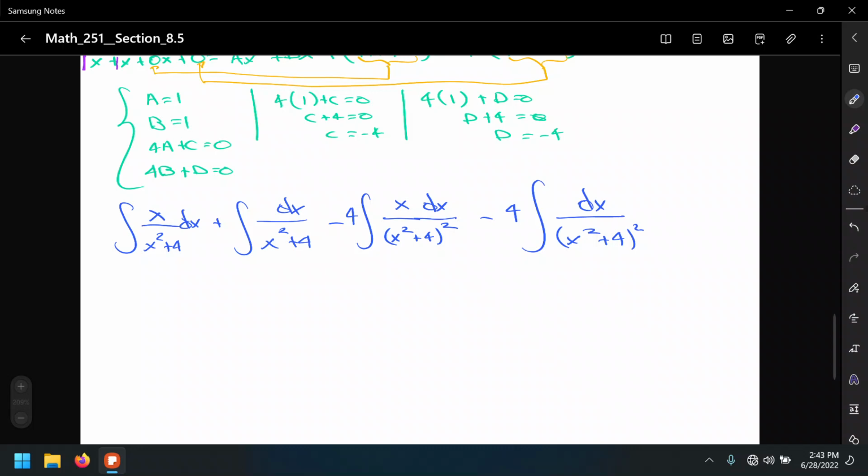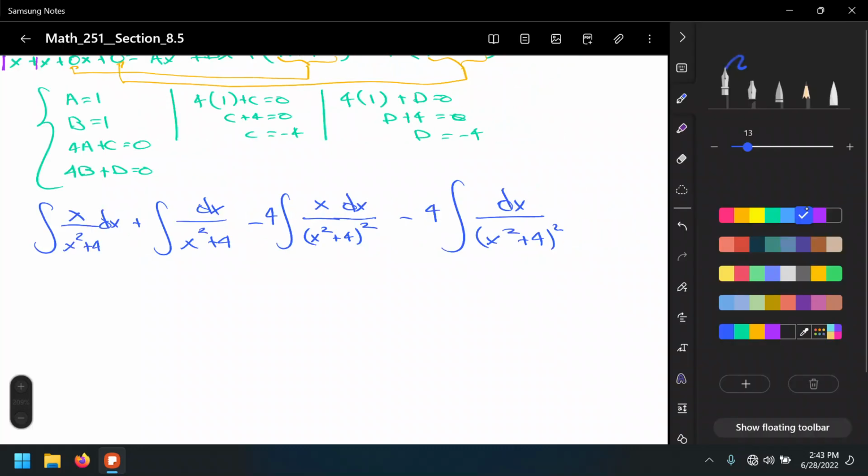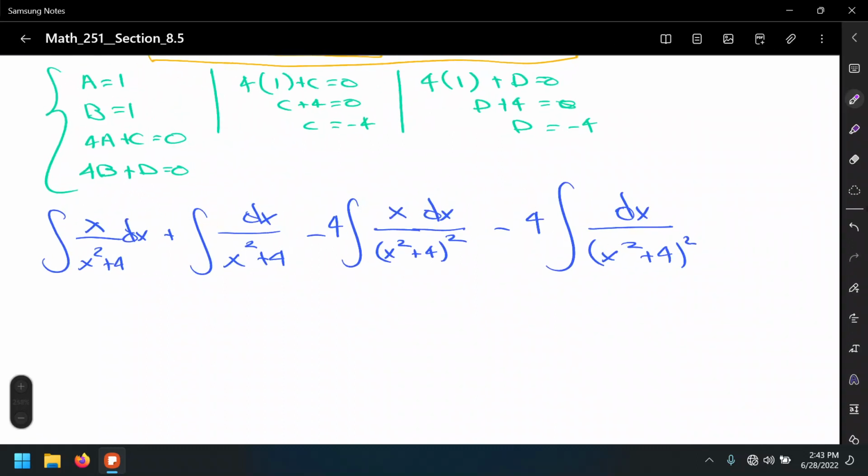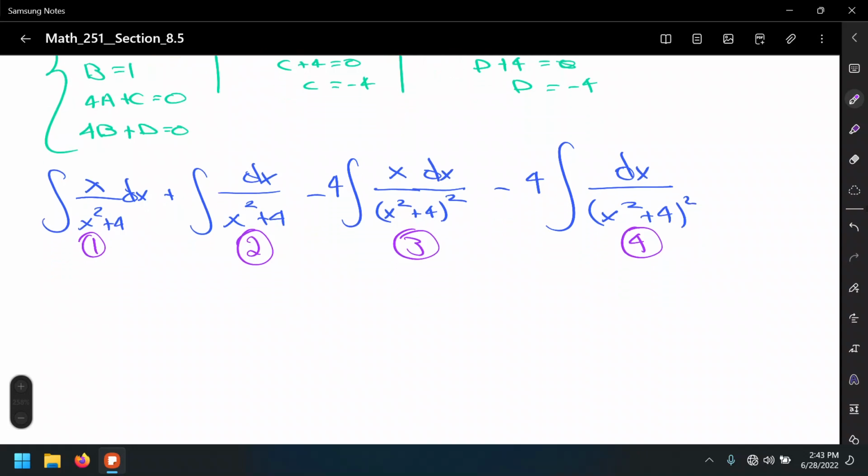Let me label them 1, 2, 3, and 4. And let's work on them individually.